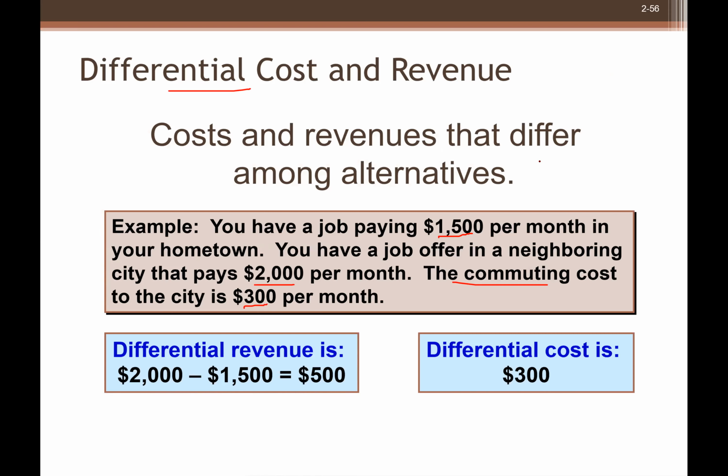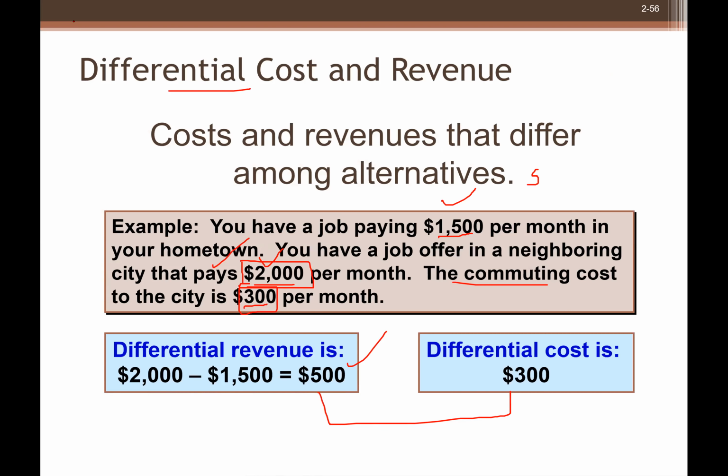The difference between benefits, which means your salary of 1,500 and 2,000, is 500, right? And the cost in your hometown is zero. And if you commute, it is 300. So you see the benefit outweighs the cost. So what is your decision? Go for this job, 2,000 per month.